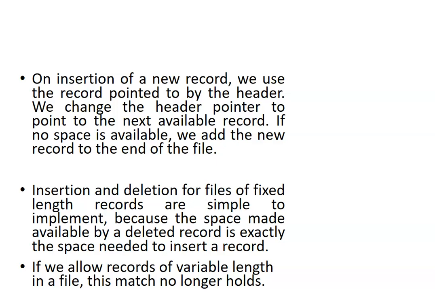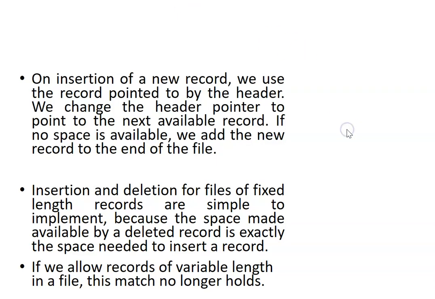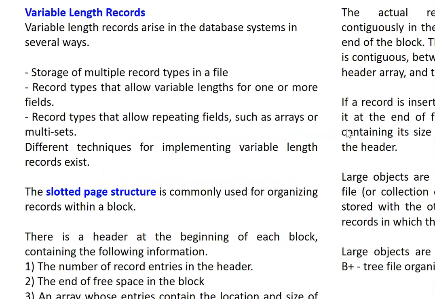That's why, if you're going to include records of variable length, they'll have to span to other blocks, because the size of the records might be larger than the size of the disk block. So this takes us to the variable length records.